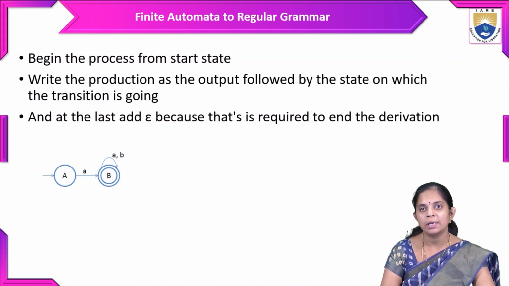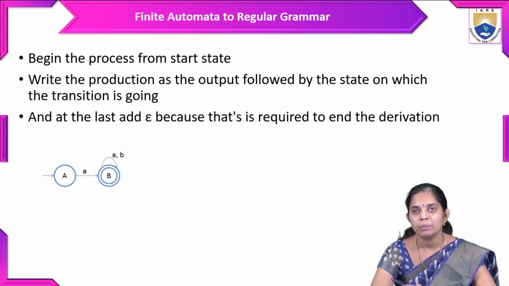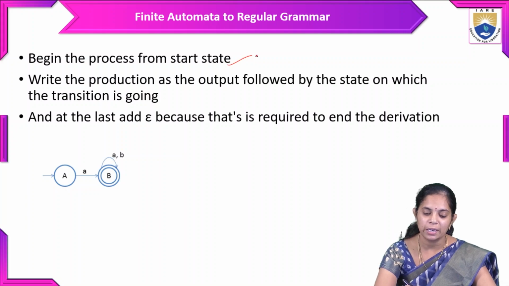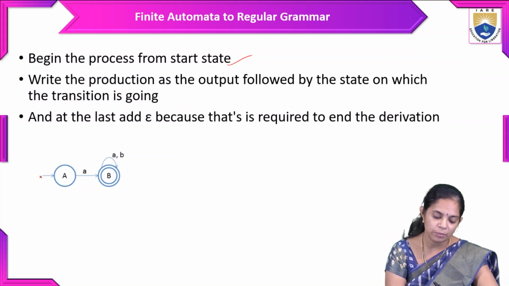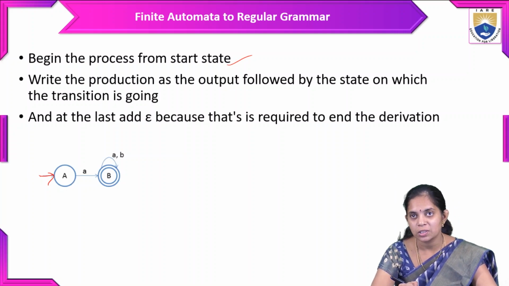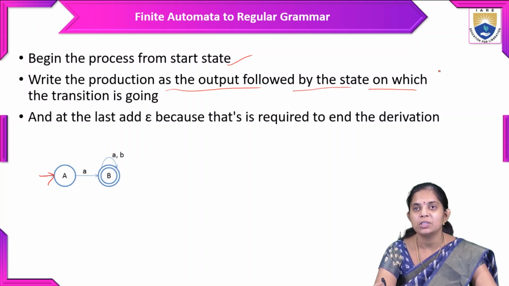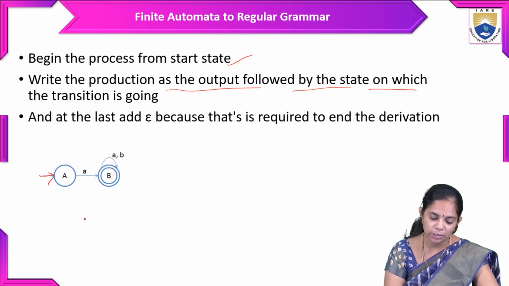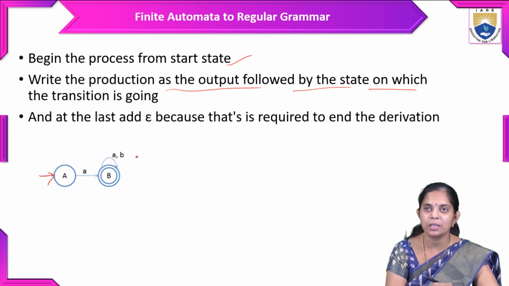We have a procedure: begin the process from the start state, whatever it is in the transition diagram, and write the productions as the output followed by the state to which the transition is going. So here, it is the reverse process.